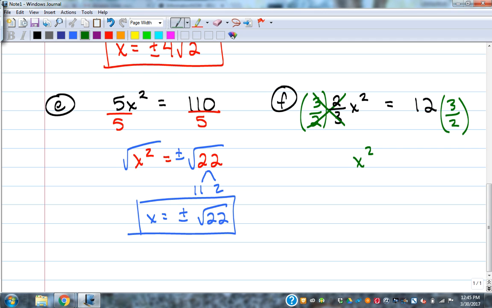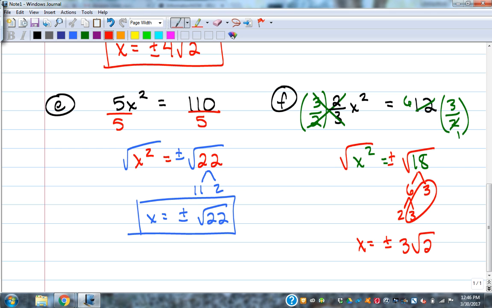And there's x squared is equal to 18. Then we can take the square root of both sides. 18 does break down. Pair of 3s. 3 radical 2. Don't forget the plus or minus.